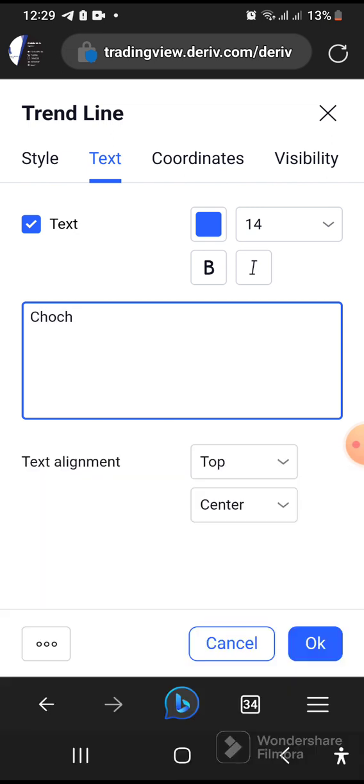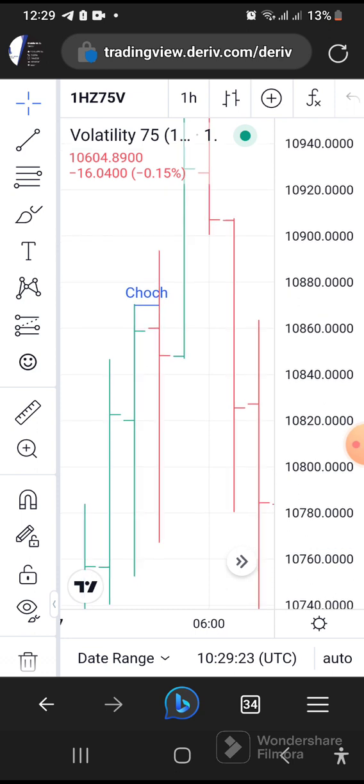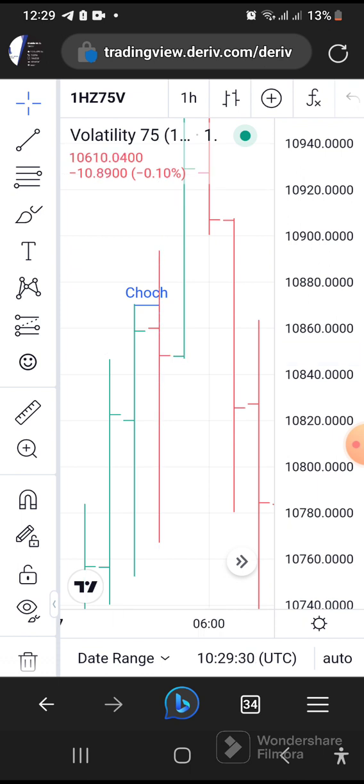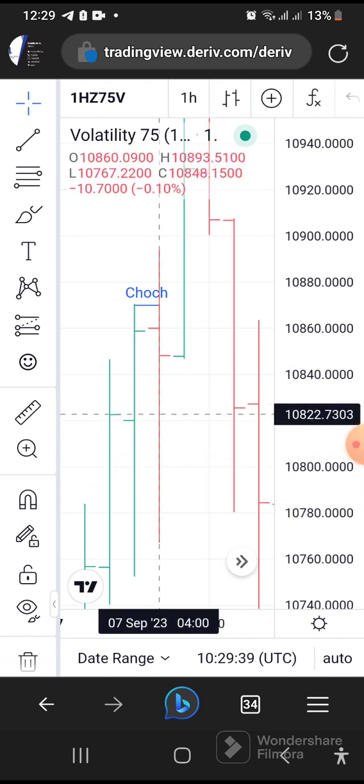Change of character is what we will name this, and then immediately after that change of character, we notice that price had a high open and a low close. So price shows us that it intended to go on with its high open, low close, high open, low close.